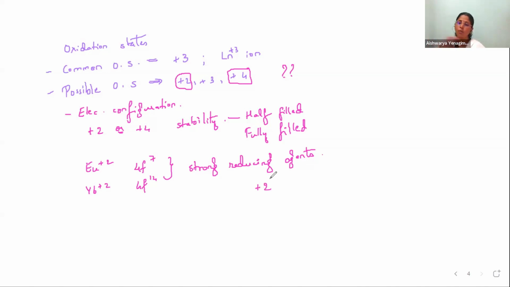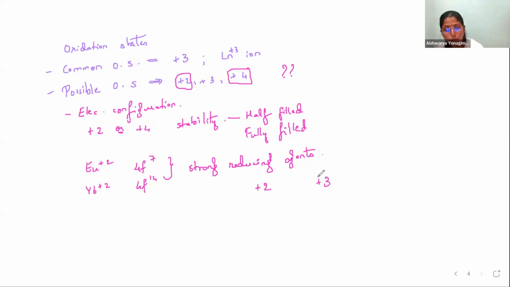But what is the common oxidation state of all the lanthanides? The common oxidation state of all the lanthanides is +3. That is their family, so our family should be +3. But somehow the electrons have gone to the +2 state. Now they want to come back to their original family, from +2 to +3.